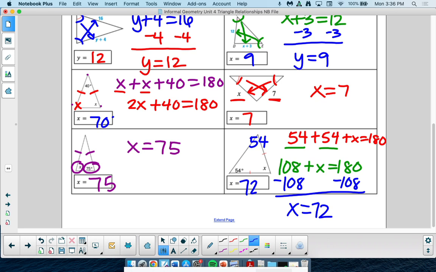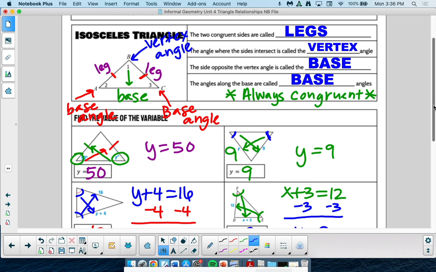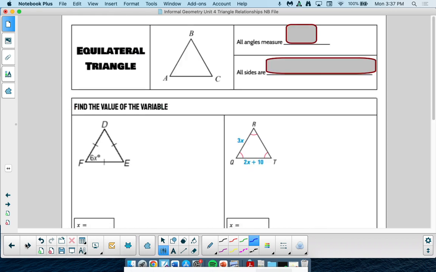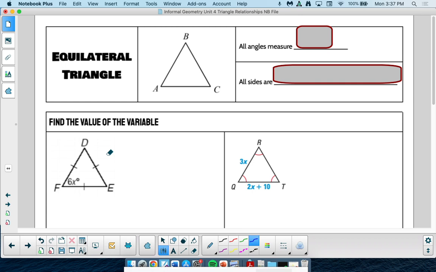Okay, so in a nutshell, big takeaways, folks, on an isosceles triangle: your legs are always the same, and your base angles are always the same, okay? So now we're going to shift gears and talk about an equilateral triangle, which we pretty much know most things already about. We know that all of our sides are the same, right? So let's mark those.